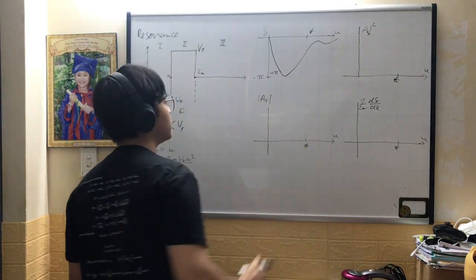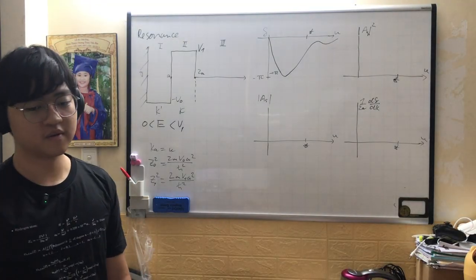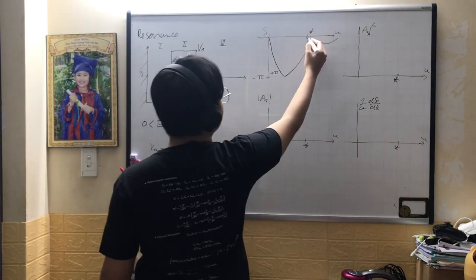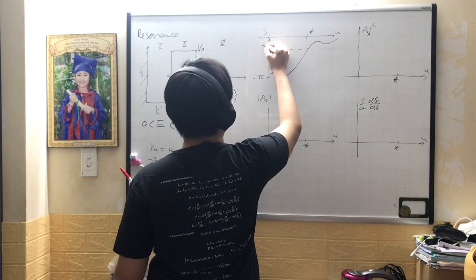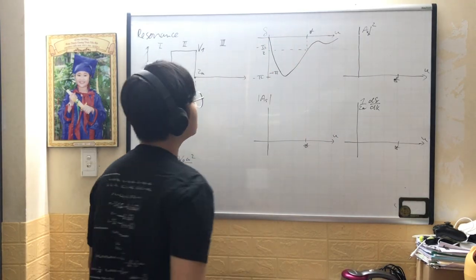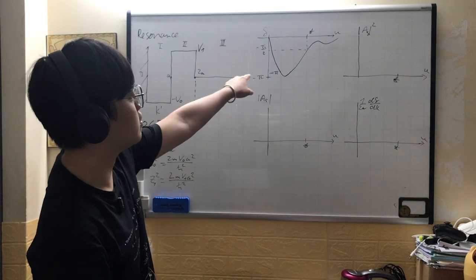The point here is where it hits minus pi over 2, pi over 2.